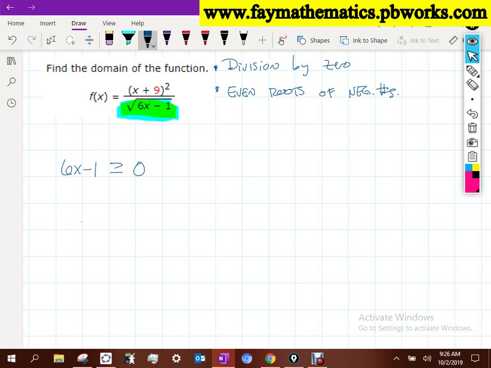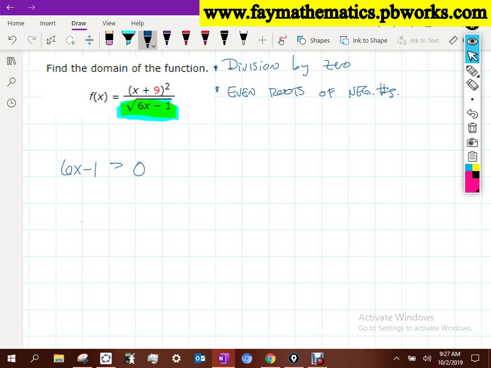If I do this, I'm going to be wrong. Why would this be wrong for this particular problem? Because it can't be 0, because it's in the denominator. It's a little bit of a twist, because we're used to saying radicals are greater than or equal to 0. But because the radical's in the denominator, it's just greater than 0.